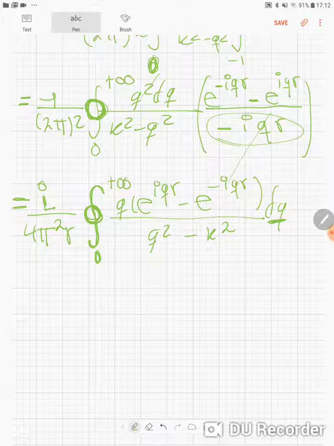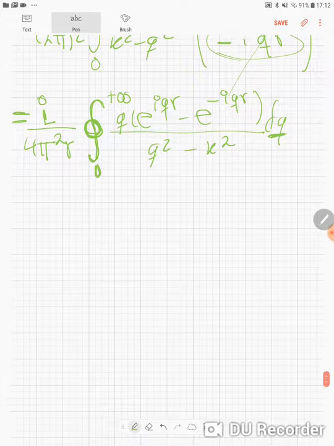So if I evaluate this integral, I will be all done with the Green's function, at least in the real domain.